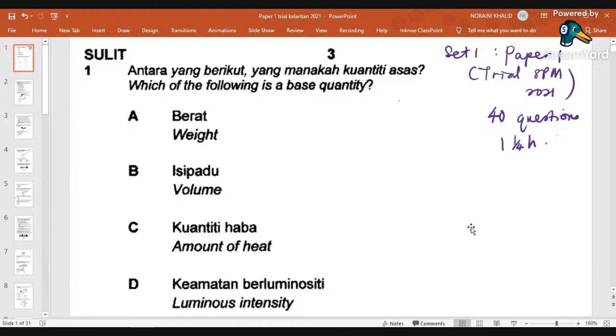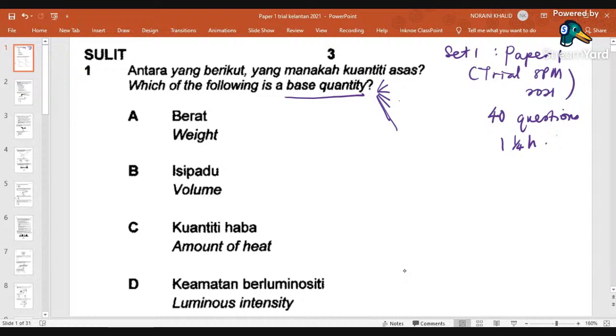So number 1, which of the following is a base quantity? Okay, so you must remember there are 7 base quantities with its physical units or SI unit. Base quantity is quantity that cannot be defined in terms of other physical quantities.